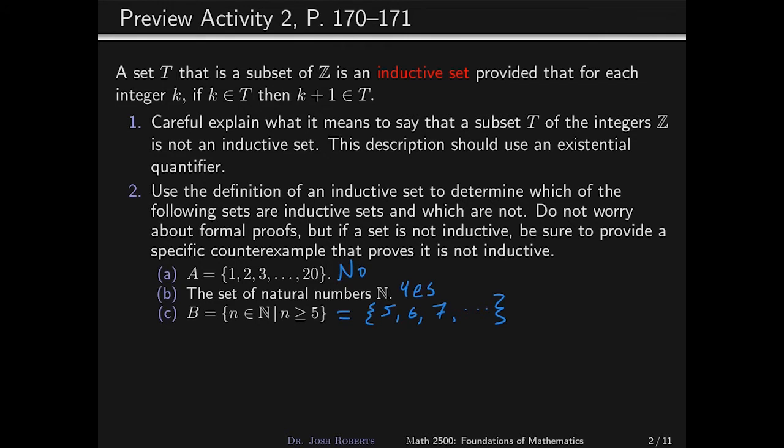That doesn't matter for it to be inductive. All that matters is if I start with something in my set, if I add 1 to it, will I have something else still in my set? And I will, because the smallest thing I can start with is a 5. But if 5's in there, so is 6, and so is 7, and this goes on forever. So yeah, this is an inductive set.